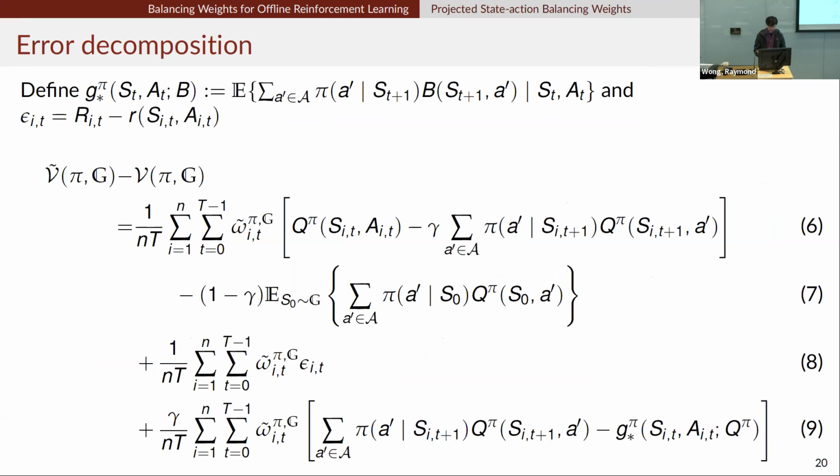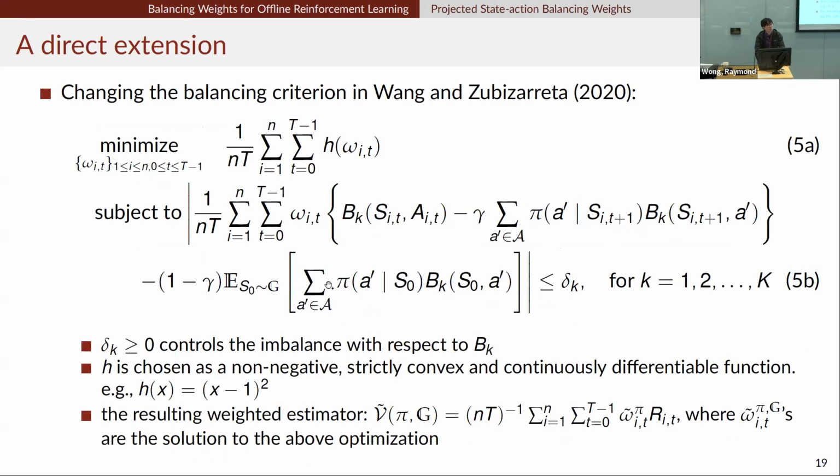Now to understand this estimator, you can look at the error decomposition. And this is where things get interesting. We can decompose the error of the weighted estimator into three components. The first two lines correspond to the first component, and here the second one, and this is the third one. If you look at the first two lines, you can see it's very similar to these restrictions, which we directly control in the optimization.